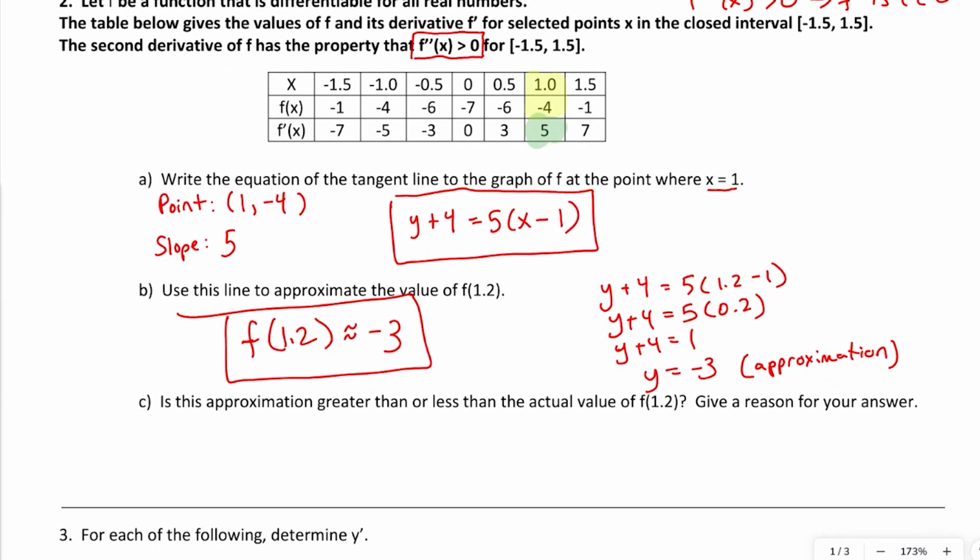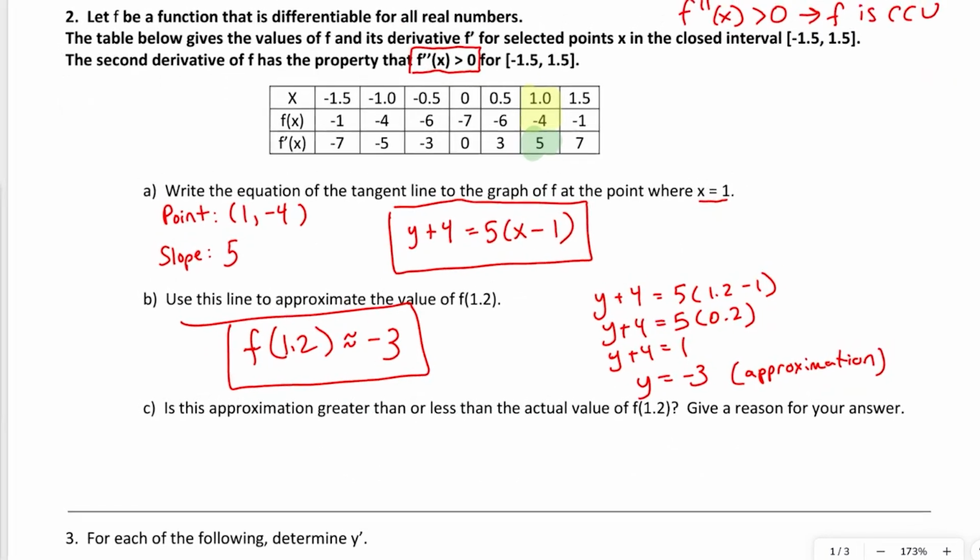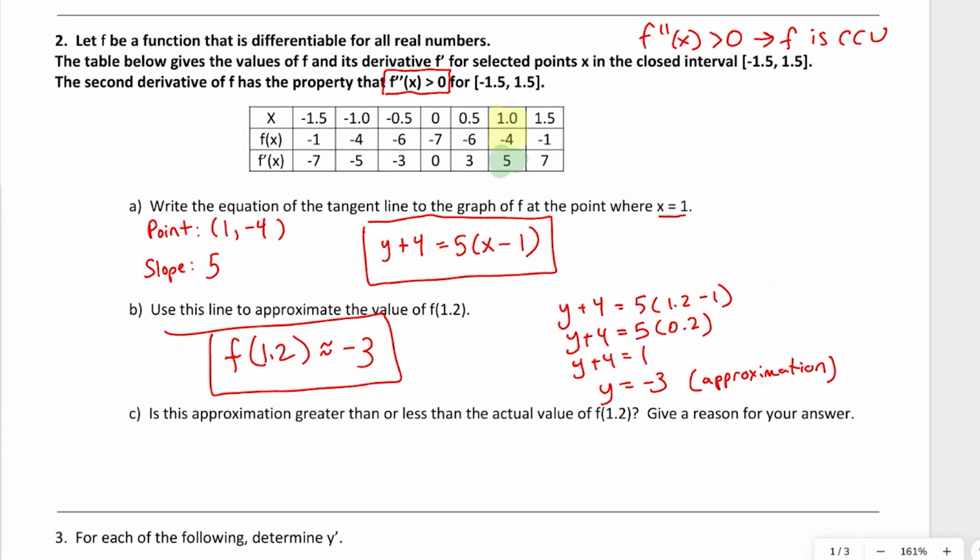C says, is this approximation greater than or less than the actual value? Give a reason for your answer. So to determine whether you have an overestimate or an underestimate depends on whether your graph is concave up or concave down. If it's concave up, like in this case, then the tangent line is going to be below the curve, in which case the approximation will be an underestimate.